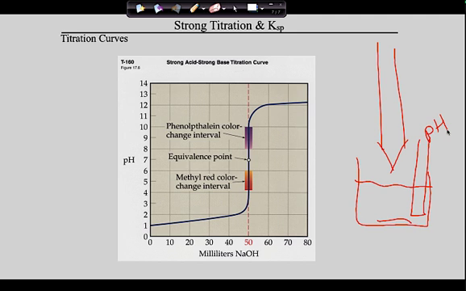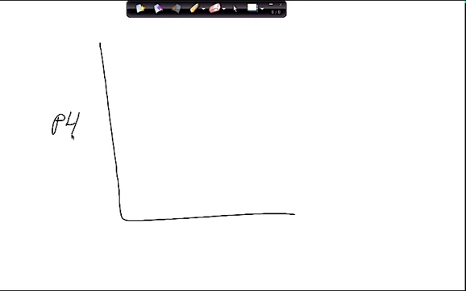Okay, so guys, with that said, let's scratch this into your notes. Here's what we're going to do, and you're going to want to do this with me. So we'll go black. We're going to draw the axes. This is going to be pH, and this is going to be milliliters of NaOH.